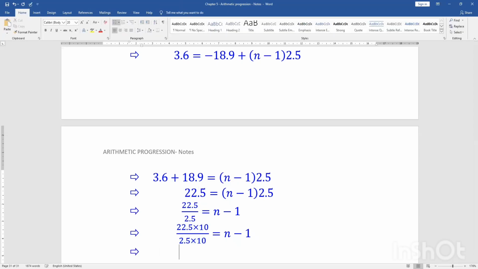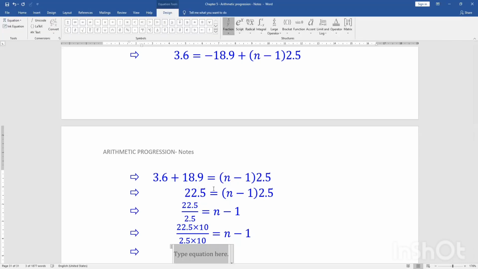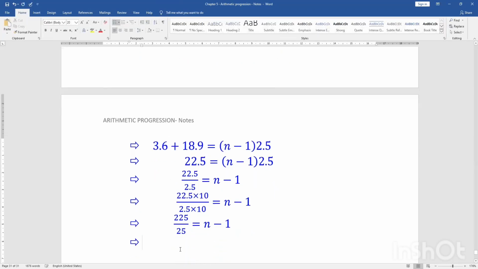So 22.5, we get it as 225 divided by 25 equals N minus 1. Then what is 225 by 25? It is 9, correct children?